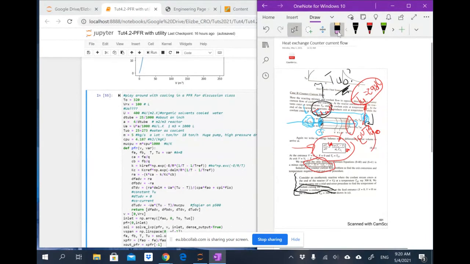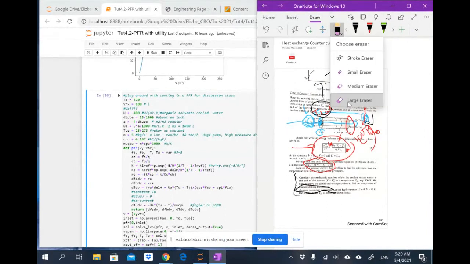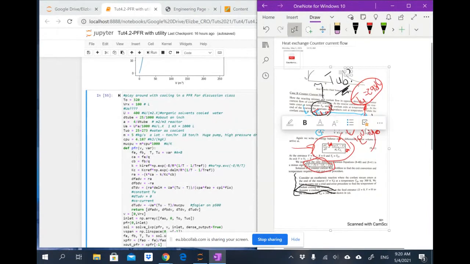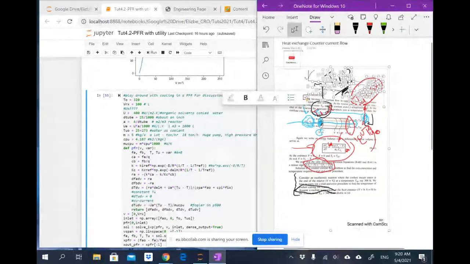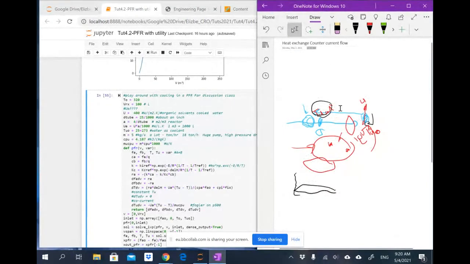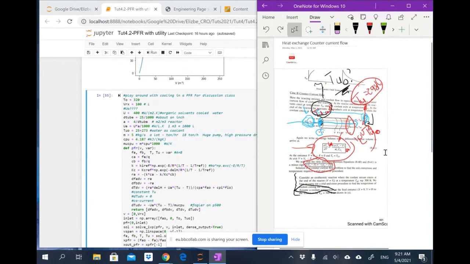Of course, I will, but let me just clean it. Let me just create a clean slate. The large eraser. No, I don't want to erase everything, so that's not going to work. Medium eraser. Let's go for, oh my word. Okay, and, oh, now I've undone, Control Z. Okay.